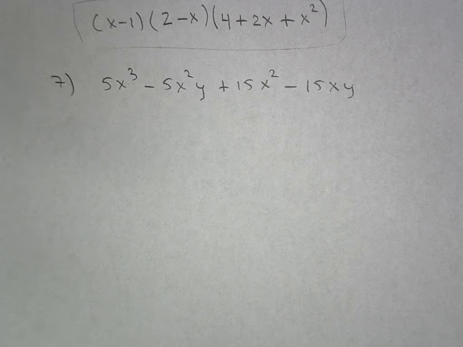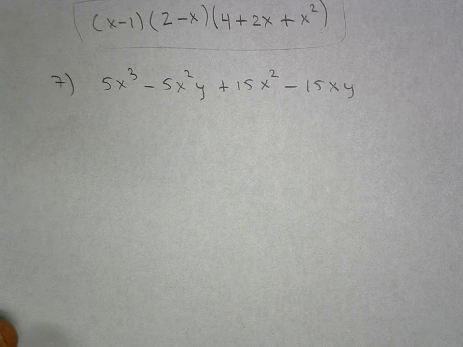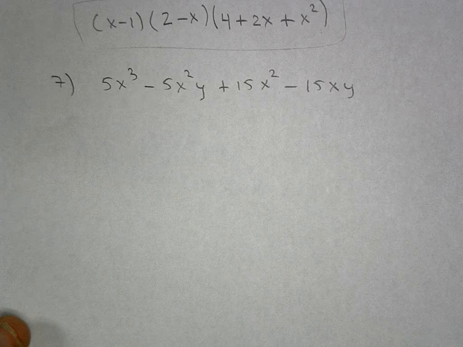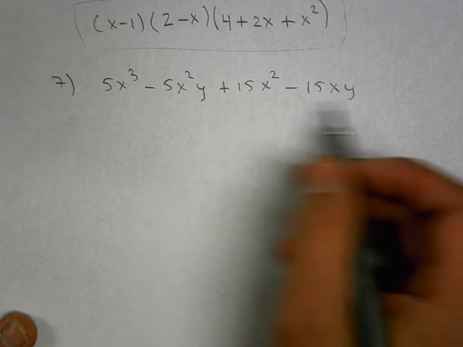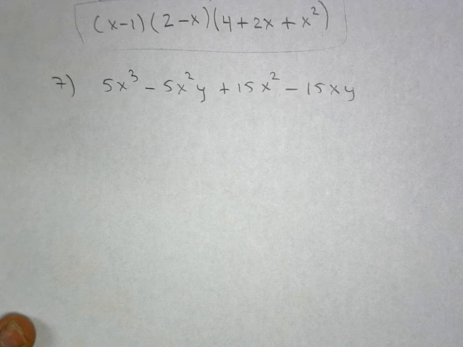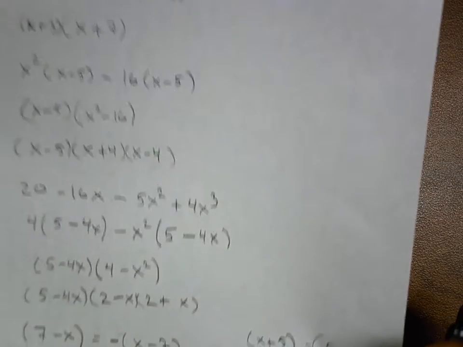What would you do to factor this? Absolutely. Anytime you hear the word factor, GCF. If you've got a GCF of all 4 terms, you should take it out because you're more likely going to make a mistake if you don't.